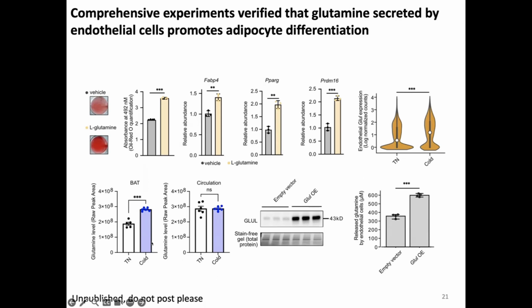What's interesting is that although the glutamate level was increased significantly in the brown adipocyte tissue upon cold treatment, the glutamate in the circulation system, which means in the blood, did not show a big change, suggesting that this is a local effect in the brown adipocyte tissues.